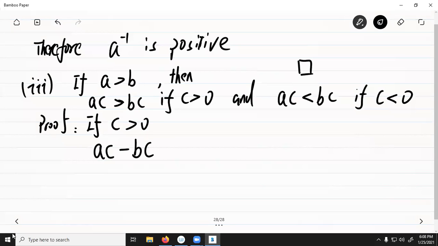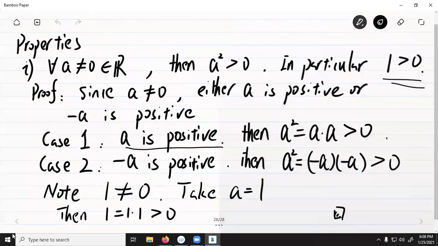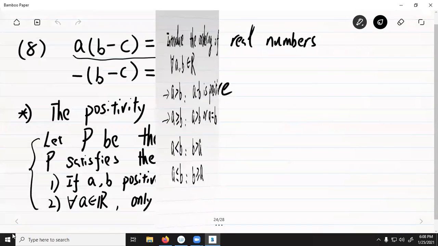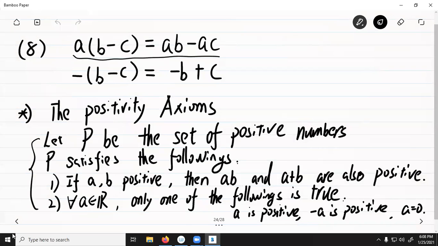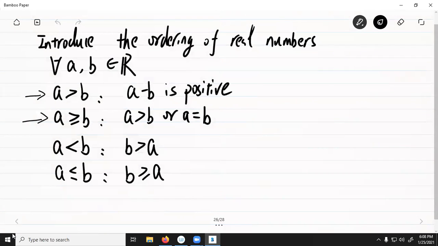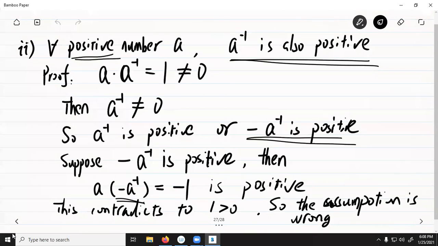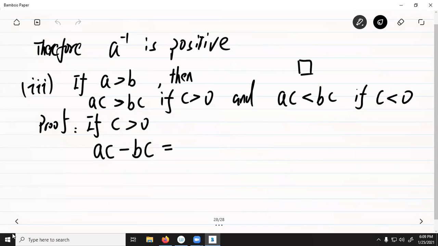AC minus BC is equal to, we use the law we assumed in your homework, the distribution law for the subtraction. Because this is your homework, we will use this result directly. We assume we have proved this result. So it's equal to A minus B times C. C is positive.